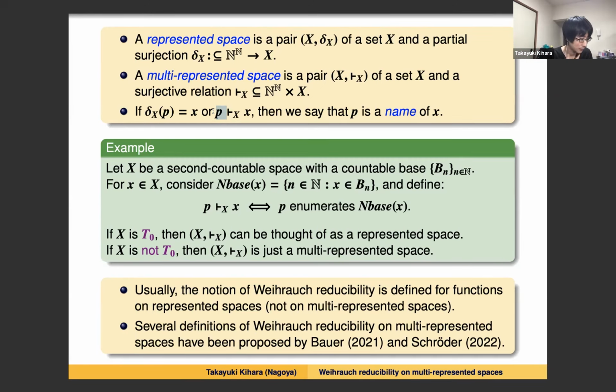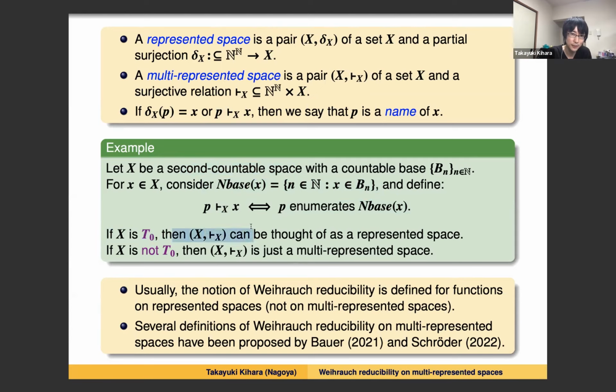Anyway, to take a concrete example of a multi-represented space, the standard way to represent a second countable space is to use a neighborhood base. I won't explain the details, but if it is a T0 space, then the points are uniquely determined by their neighborhood bases.